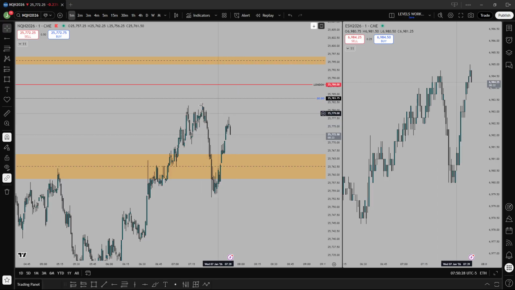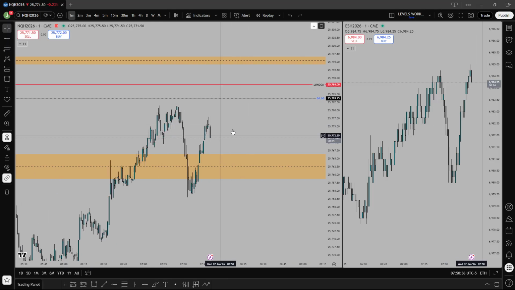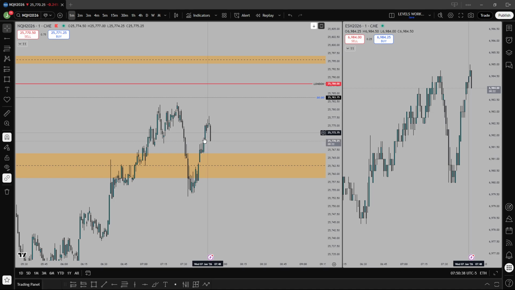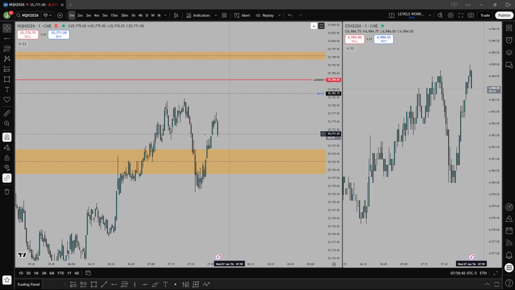I like how NQ was unable to take this higher, but ES did. I do like this reaction too, and I wanna see these get inverted and fully disrespected.